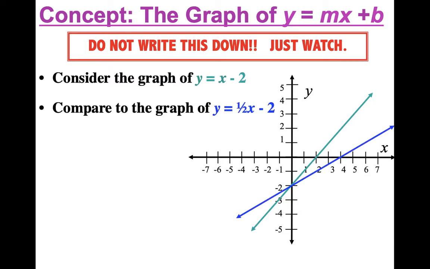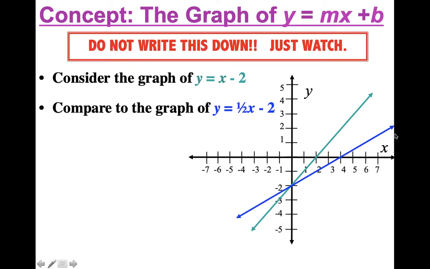Compare that to the graph of 1/2 x minus 2. Now, in the first one, we see that there is no number in front of the x. That means there's an imaginary 1 there, 1x. This one is half an x. So the 1x has a steeper slope than the half x.